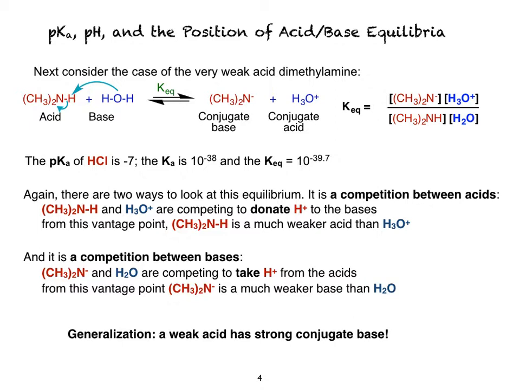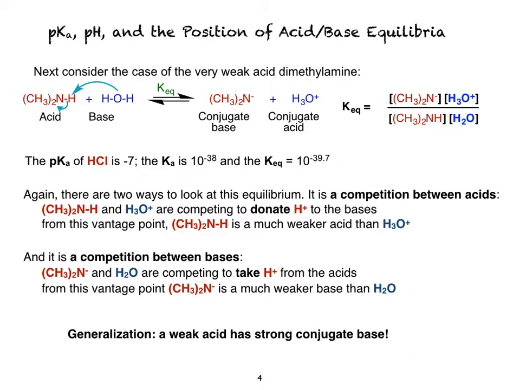So the Ka is really essentially the KEQ times the concentration of water. So if we wanted to convert Ka into KEQ, all we'd have to do is divide Ka by the concentration of water, which is 55, and that would be the same thing as KEQ. So in any case, that's the pKa.